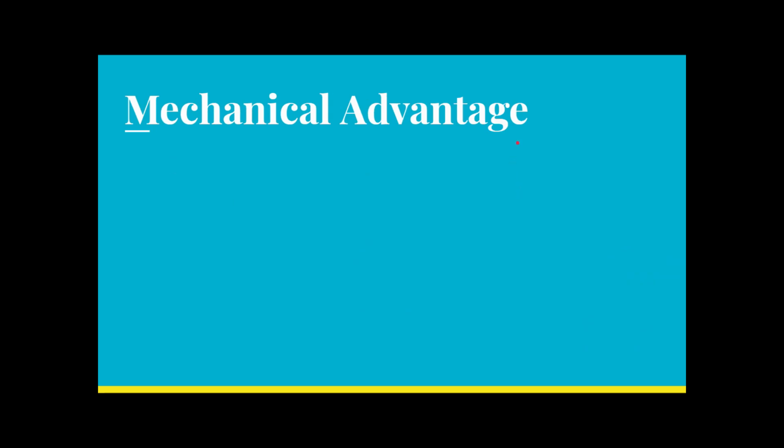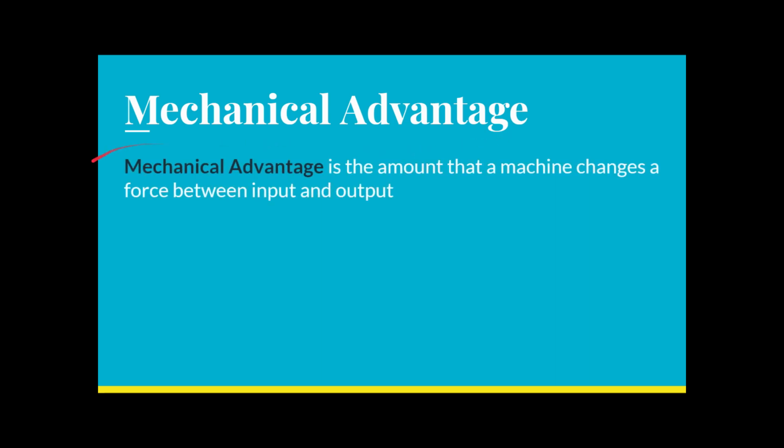So now we need to talk about mechanical advantage. So mechanical advantage is the amount that a machine changes a force between the input and the output. So you can think of mechanical advantage as how much is this machine helping, and we can actually get a measurement for it.